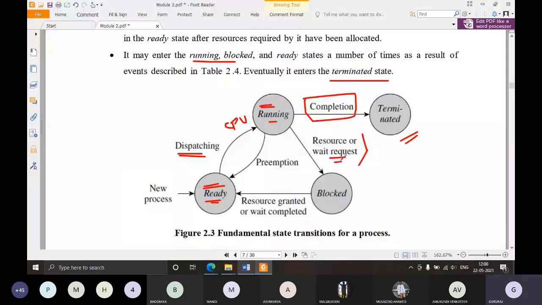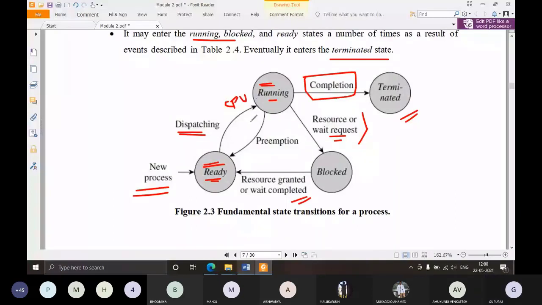Once that event request or the resource is granted, it will not immediately go to running, but it will enter the ready list. And you can see new processes always enter the ready list, and only the ready list will be considered for giving or assigning the CPU. So these are the four fundamental states.